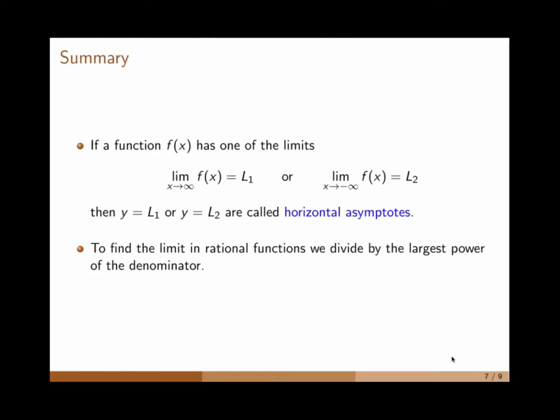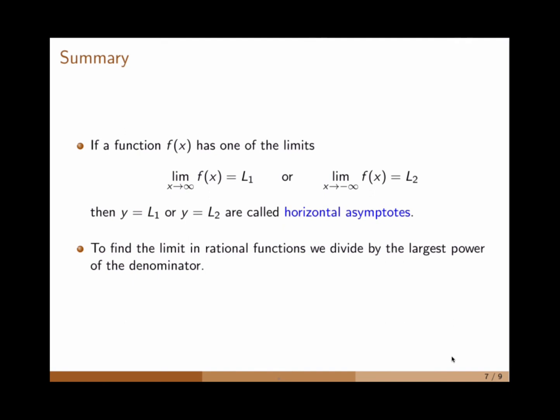Let me summarize. If a function f has one of these limits, either limit as x goes to infinity of f of x, which we call L1, or if x goes to minus infinity, then we call this limit L2. And if one of these numbers, L1 or L2, is finite, or both are finite, then we call y equals L1 or y equals L2 a horizontal asymptote.